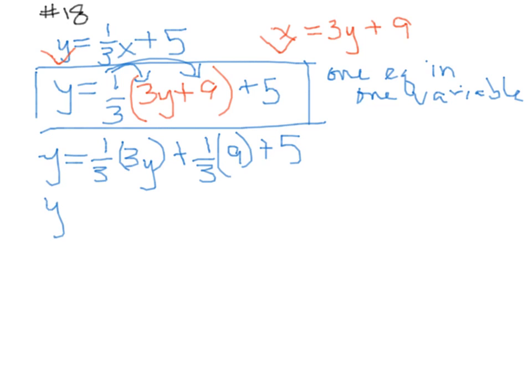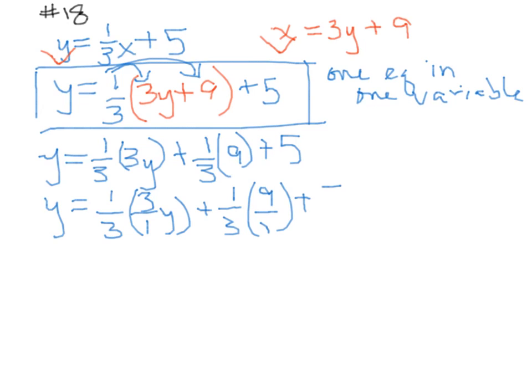So this gives me y is equal to 1/3 times 3/1 y plus 1/3 times 9/1 plus 5. And I get y is equal to, well, if I multiply my numerators, I get 1/1.